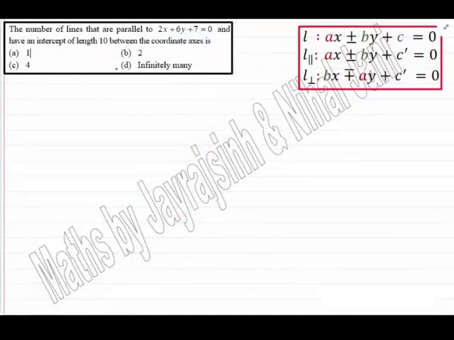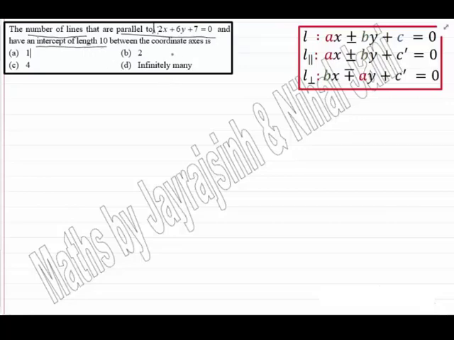Very interesting question. First of all, you have to understand the question, then we will move to the answer. Okay, the question is like, we have to find the number of lines parallel to line L, which is 2x plus 6y plus 7 equal to 0, and has an intercept of length 10 between the coordinate axes.